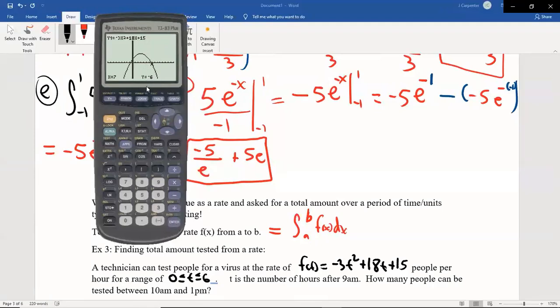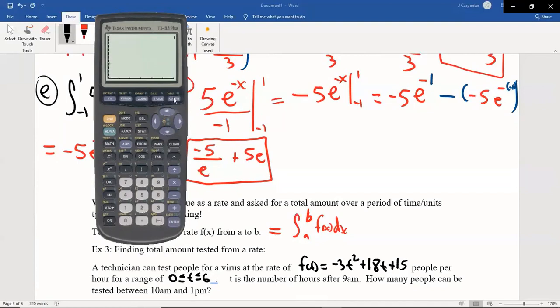So this model is no longer accurate after 6.5 hours. But again, that's not going to work. Let me just do this again. 0, 6, y min we wanted 0, the y max I think we had at 50.